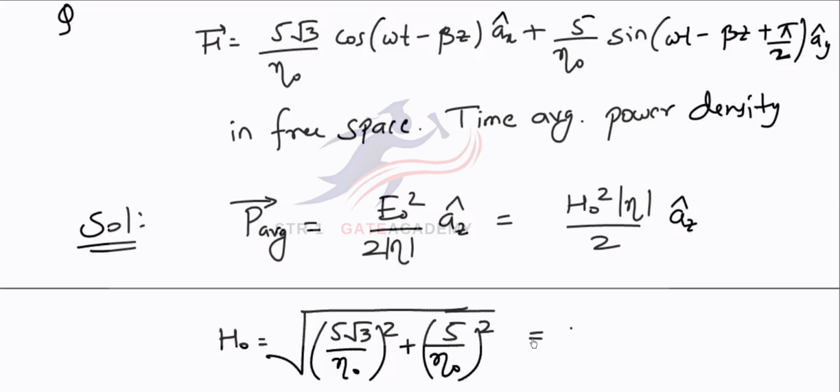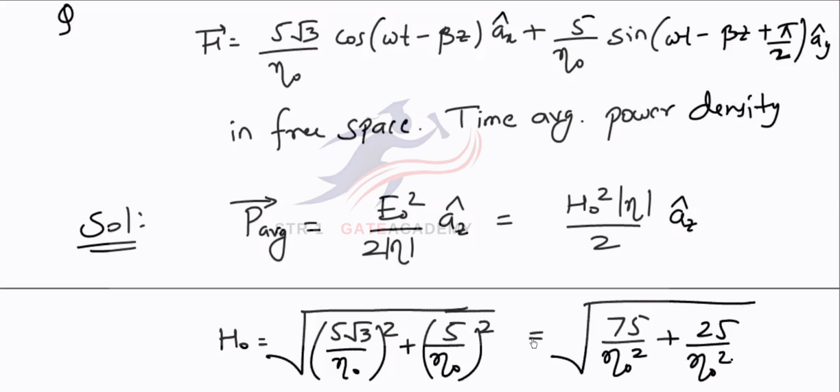So h naught square comes out to be 25 into 3 is 75, 75 divided by eta naught square plus 25 divided by eta naught square.